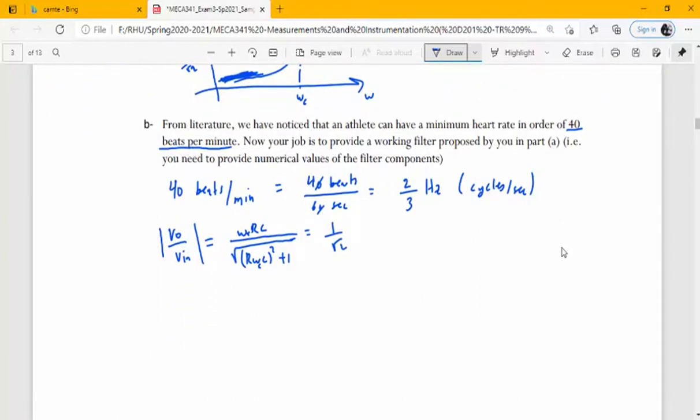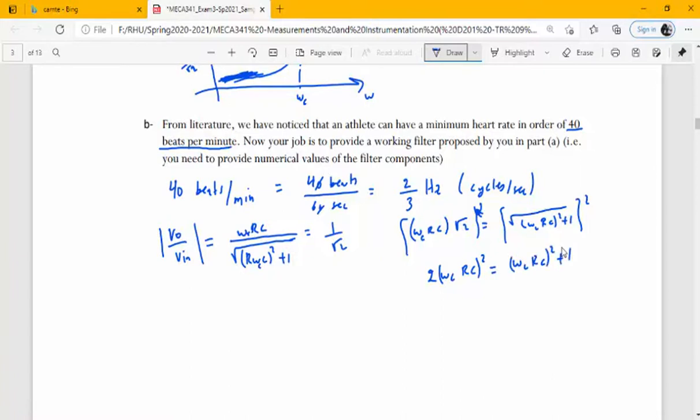So omega c RC radical 2 is equal to the square root of (omega c RC) squared plus 1. Now square both sides. 2 (omega c RC) squared equals (omega c RC) squared plus 1.